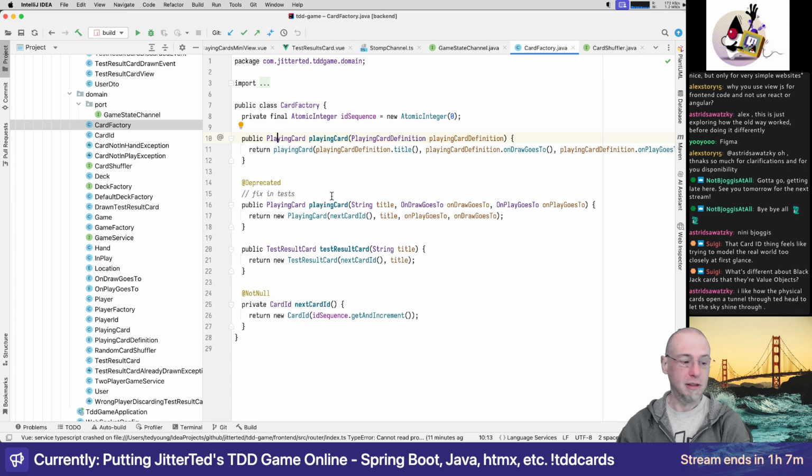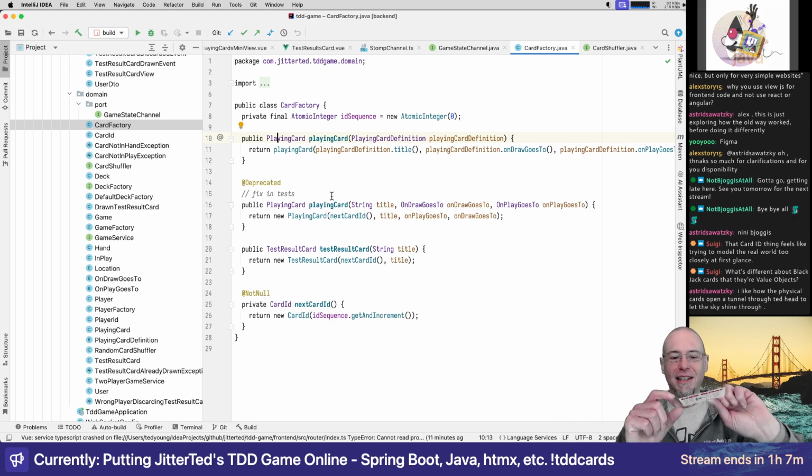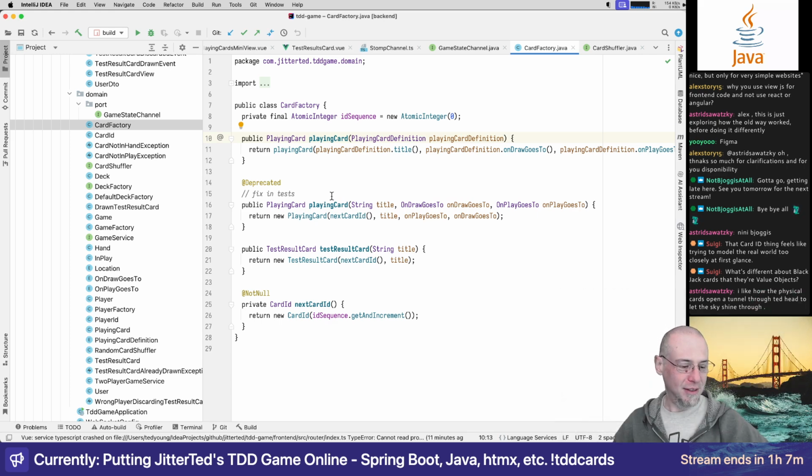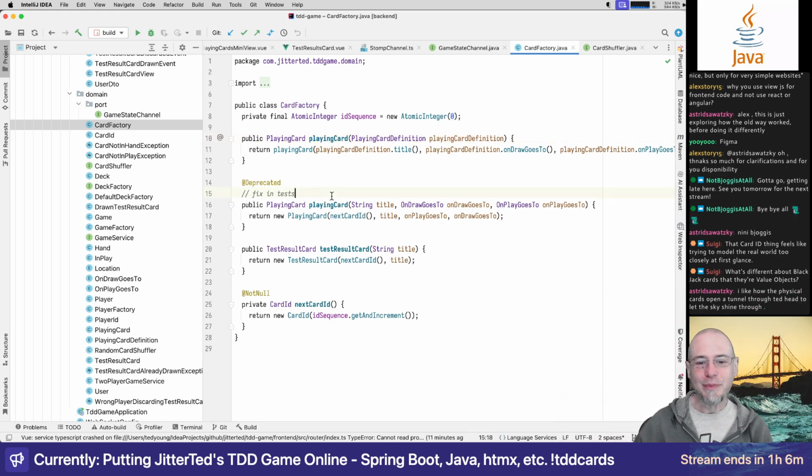Whereas with physical cards, there's no way to tell the difference, so I do need identifiers. Yes, if there's green on the card, you can see through them, because that's green. And actually that's blue, but it's close enough to the green of my background that you get see-through. So that's basically the difference: here I can't differentiate them based on the card, so I need to give them identifiers to keep track.